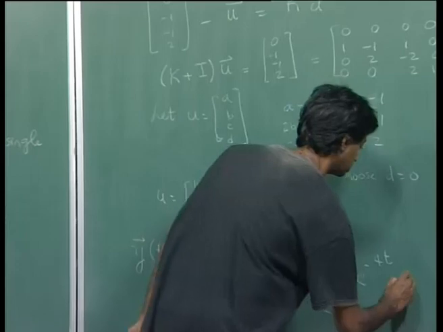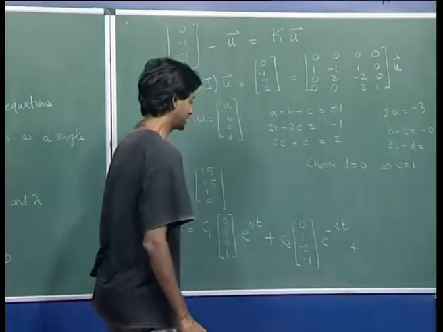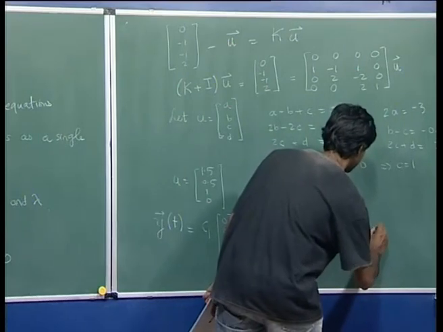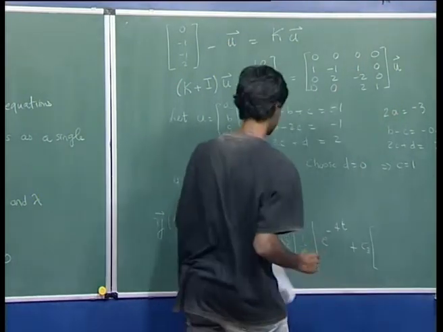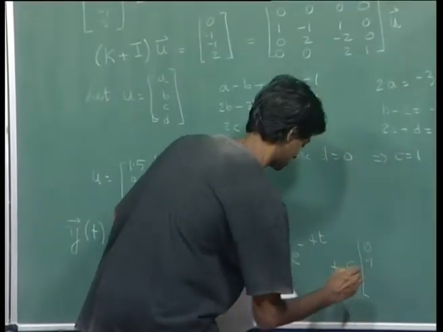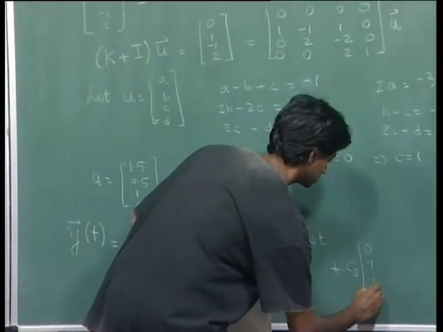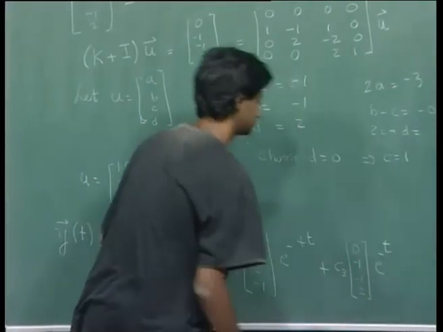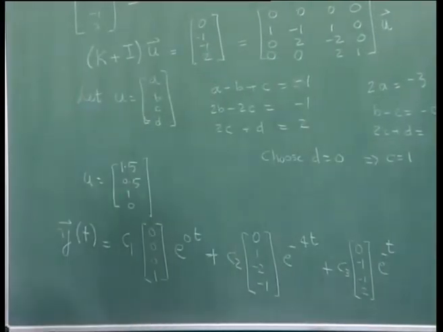Okay. The third and fourth were corresponding to lambda equal to minus 1. So, lambda equal to minus 1 had one solution which had an eigenvector 0 minus 1 minus 1 2 e to the minus t, okay.